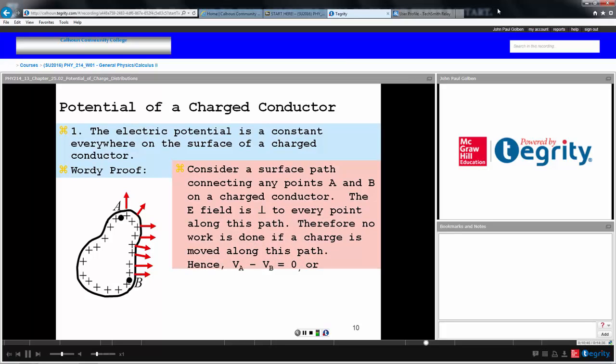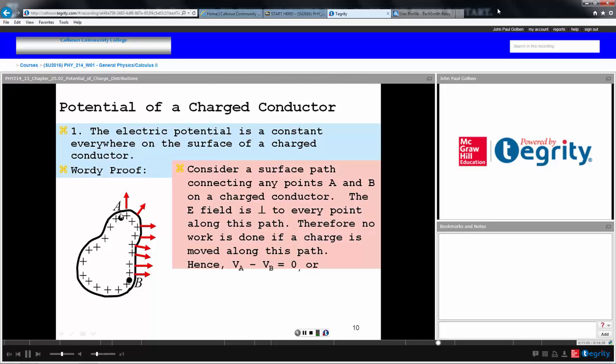So it's going to be perpendicular to a path that you would take as you were going along the surface of this conductor. So there will never be an E field along the direction as you go along the surface. Hence, there won't be any work done as you move a charge from, say, point A to point B.